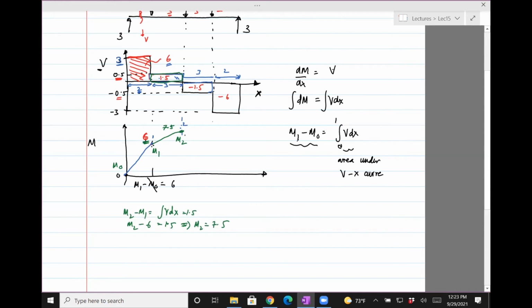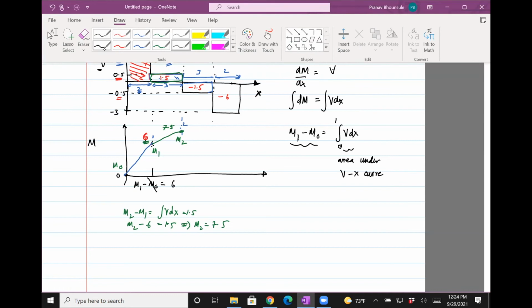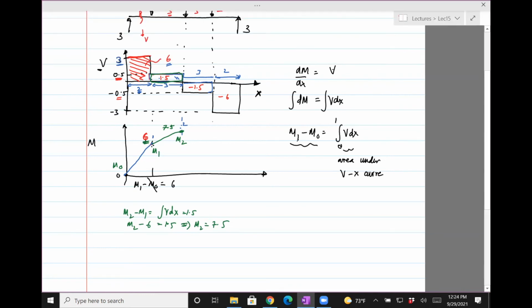And by the way, I drew a straight line between m1 and m2 just because it's a constant force. For a constant force, a straight line. If it was a distributed load, then it will be a quadratic curve. You have to draw it with a curve. So second order.